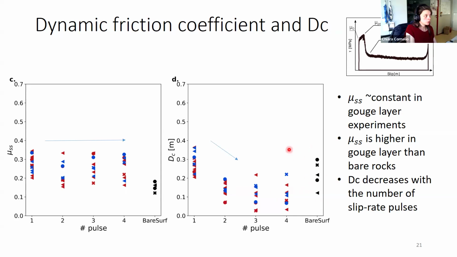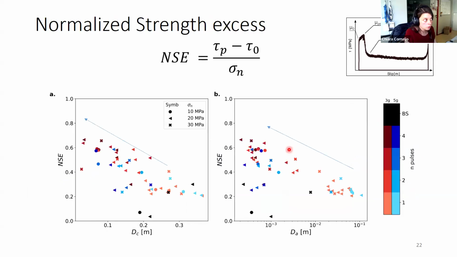Another way to combine these parameters is to compute what we call the normalized strength excess, so the difference between the peak and the yield stress normalized by the normal stress, in order to compare the experiments that have been performed under different normal stress. And we plot this value versus the 2 critical distances that we identify, so the dC distance and the dA distance.